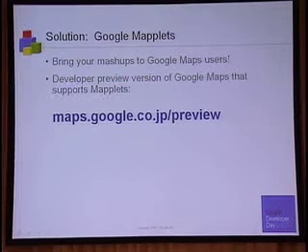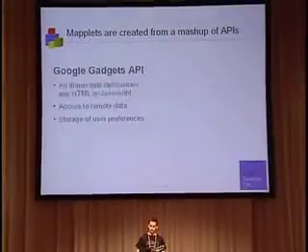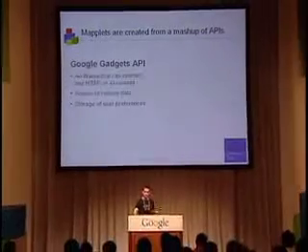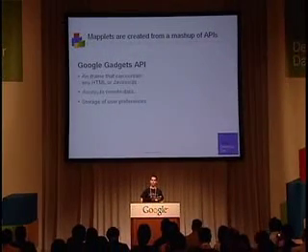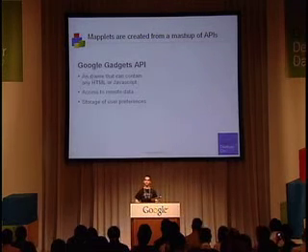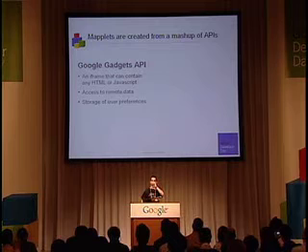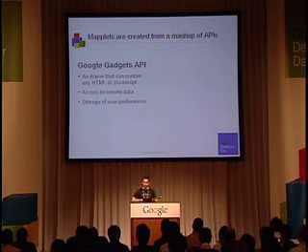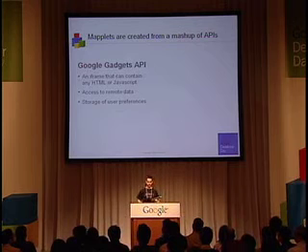So now that I've shown you Mapplets, what actually are Mapplets? So Mapplets are created from a mashup of APIs. So hands up if you attended a talk today on Google Gadgets. Okay? So Mapplets are actually gadgets.